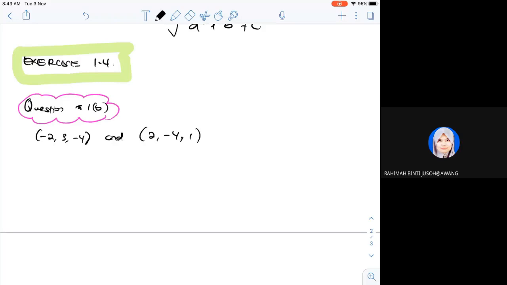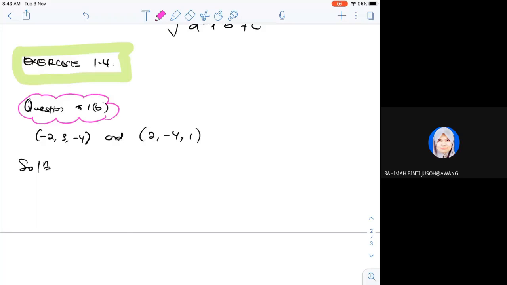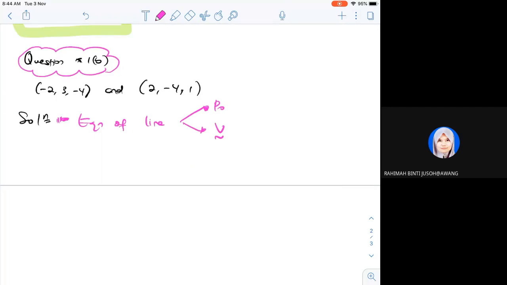Okay, so let us recall what you need in order to form the equation of a line. Soalan ni tanya equation of line. For the equation of line, we need number 1, P naught, and number 2, the parallel vector. So in this case, you have two coordinates, so you can choose either one as your P naught.